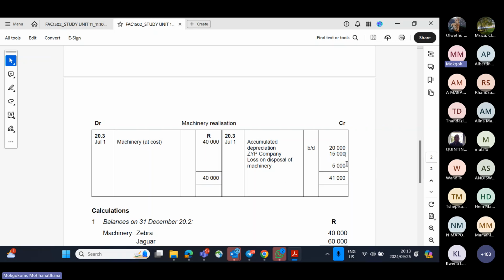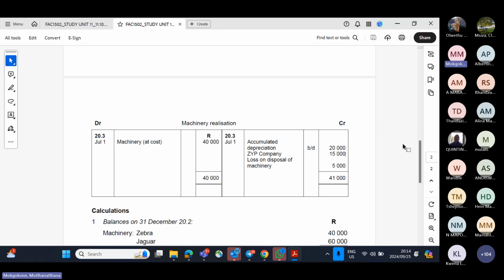Then there is the loss, and they know how to calculate it. If proceeds are greater than the carrying amount of the asset at the date of disposal, it will be a profit on disposal. If the carrying amount is greater than the proceeds at the date of disposal, it will be a loss.